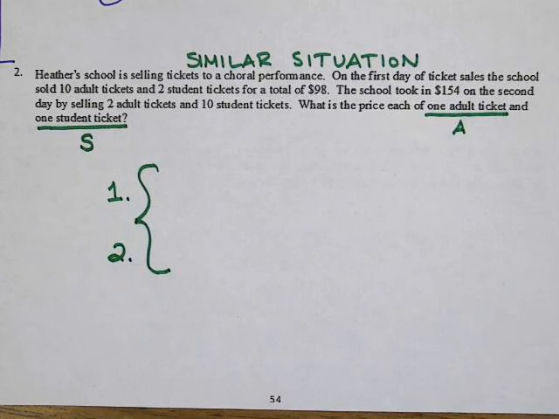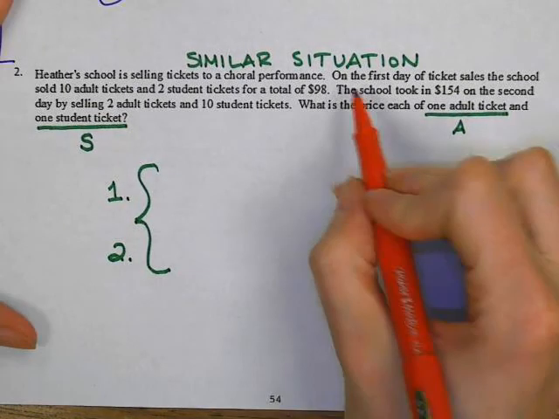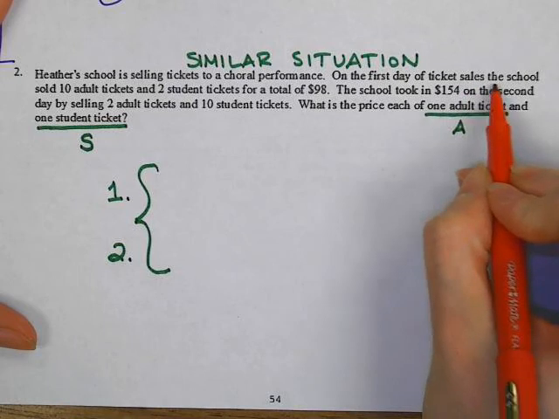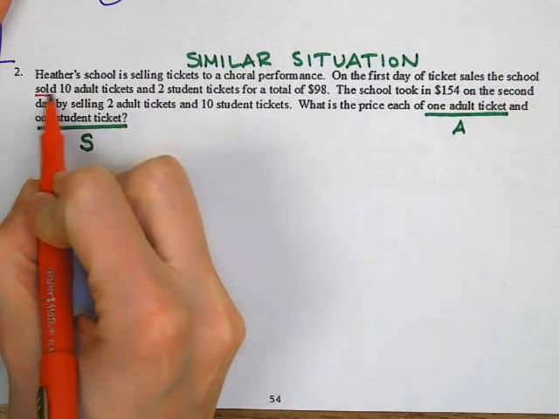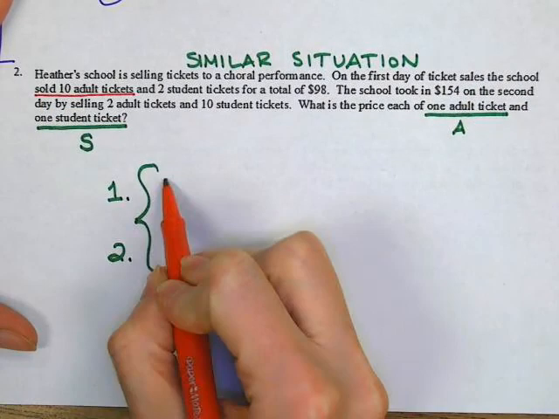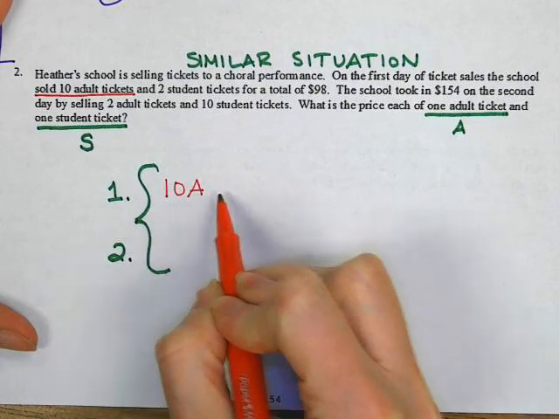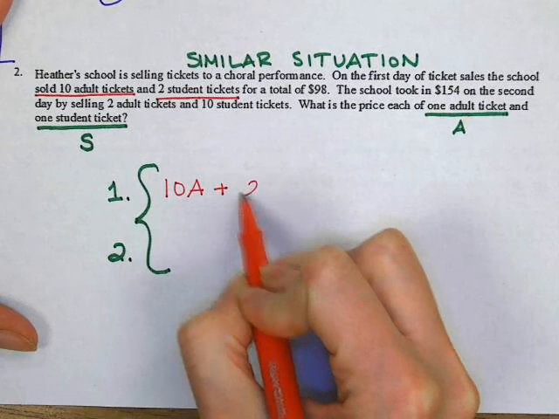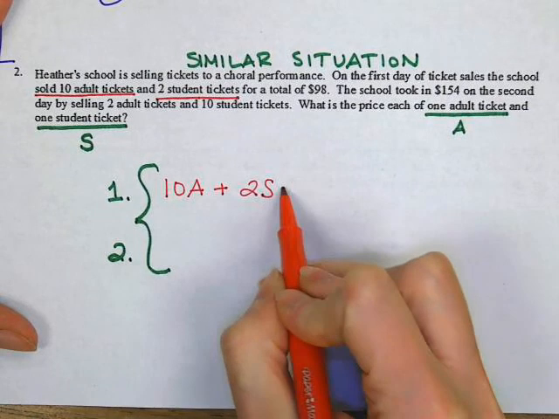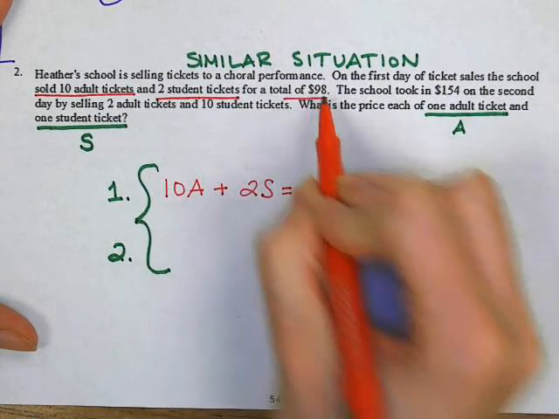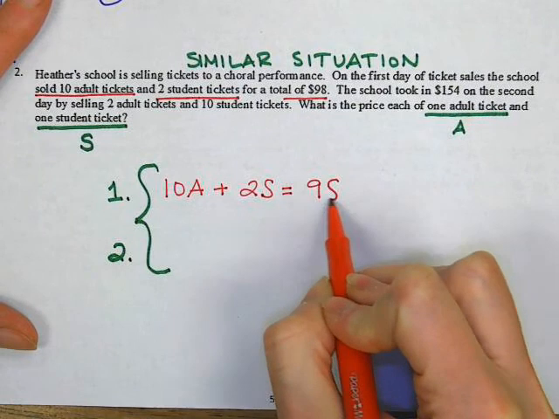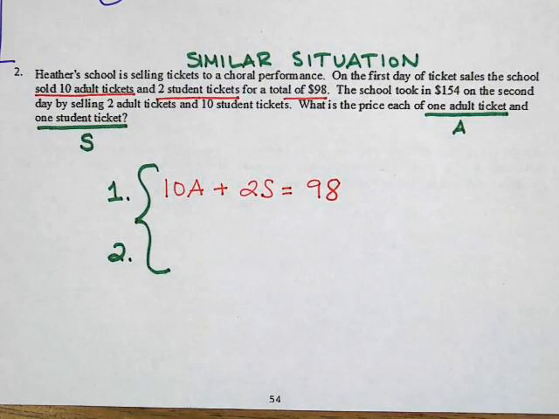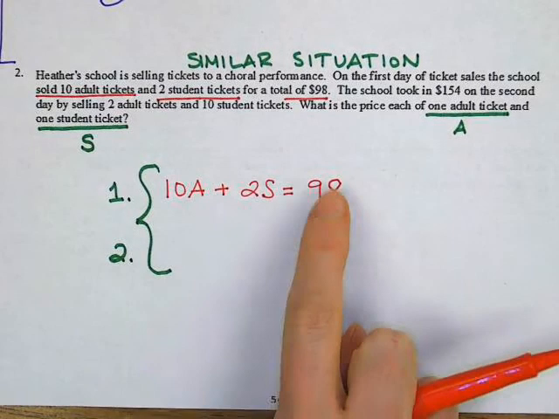Okay, so let's look at day 1. On the first day of ticket sales, the school sold 10 adult tickets, so it's going to be 10A, plus 2 student tickets, so 2S, and then the total is $98. So that's situation 1. 10 adult, 2 student, 98 bucks.